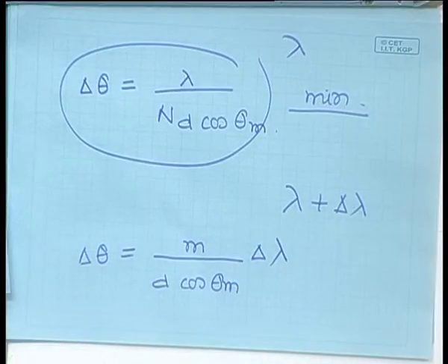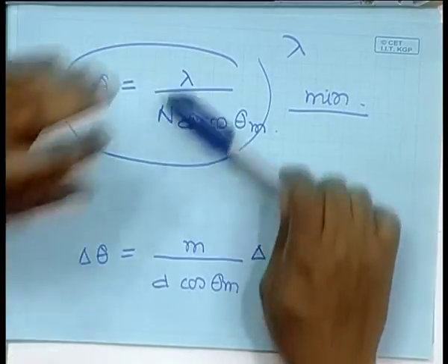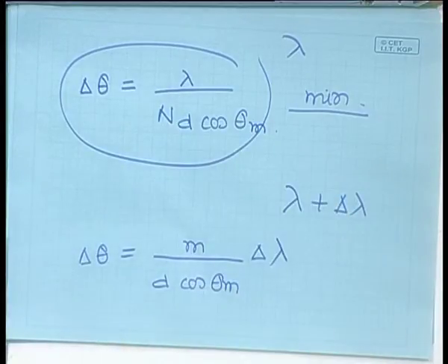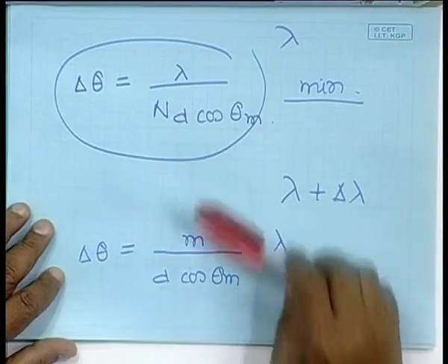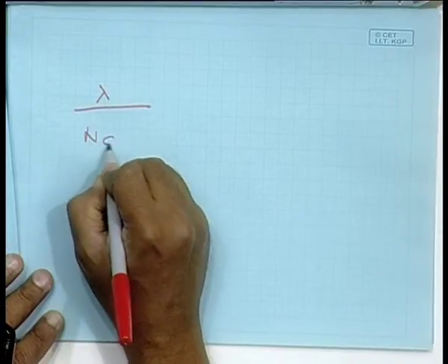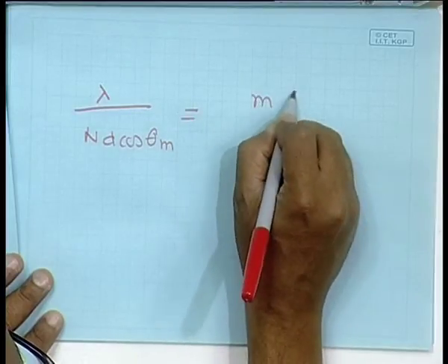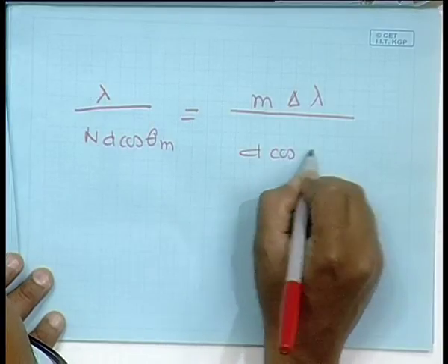So, the Rayleigh criterion for being able to resolve these two different wavelengths is that this should be equal to this, only then can you resolve these two different spectral features. So, if I equate these two, let us see what it tells us: lambda by n d cos theta m is equal to m delta lambda by d cos theta m.